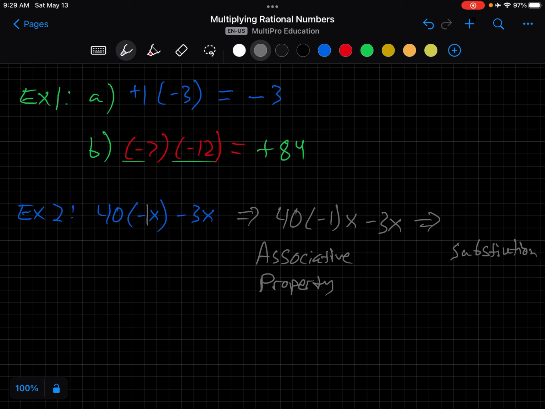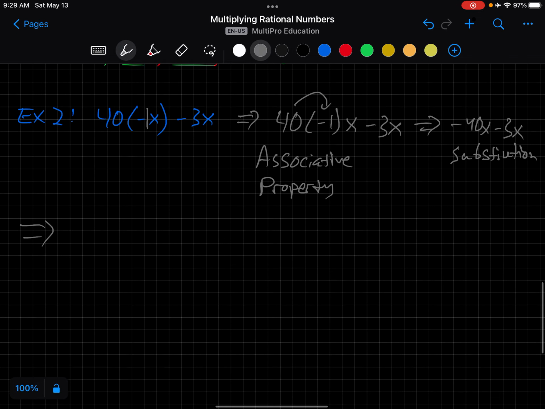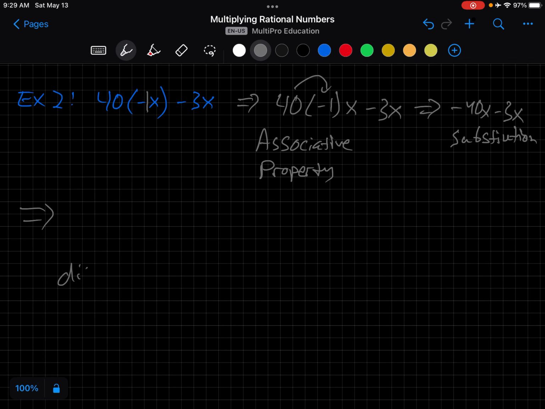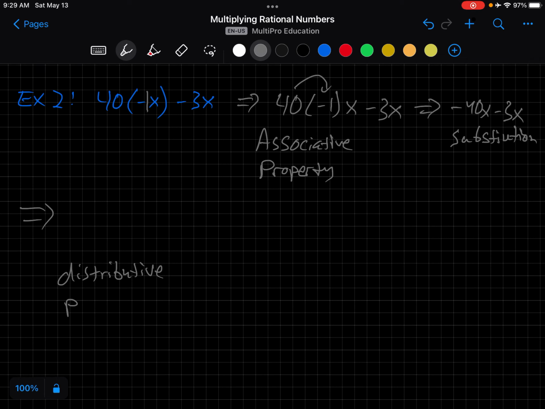All right, so then we're going to use the substitution rule. And we're going to do 40 times minus 1. That's minus 40x minus 3x. All right, then we are going to do the distributive property. Do you remember the distributive property? I sure hope so.